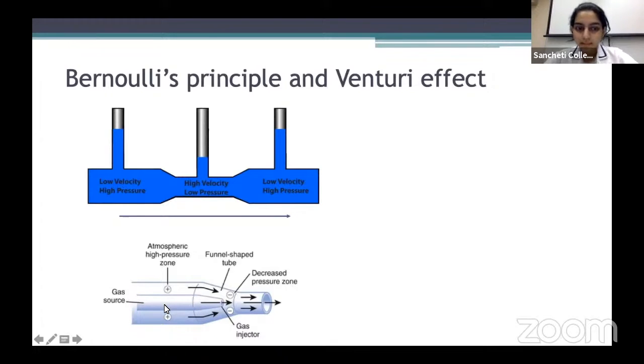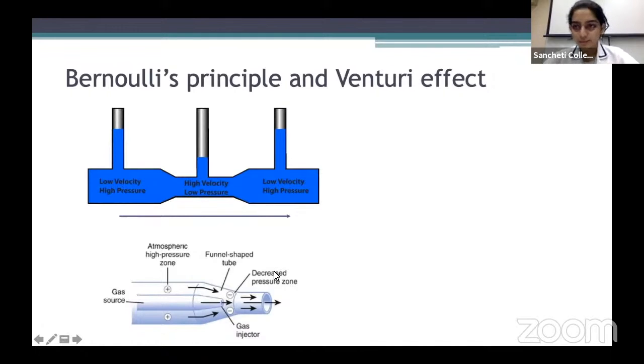But this tubing has a tapering end. Because of the tapering end, when it goes through the small opening, it is going to move out at high velocity. When it moves out at high velocity, it is going to be surrounded by low pressure. Always remember, flow occurs from high pressure to low pressure. So we have somehow created a low pressure zone here.